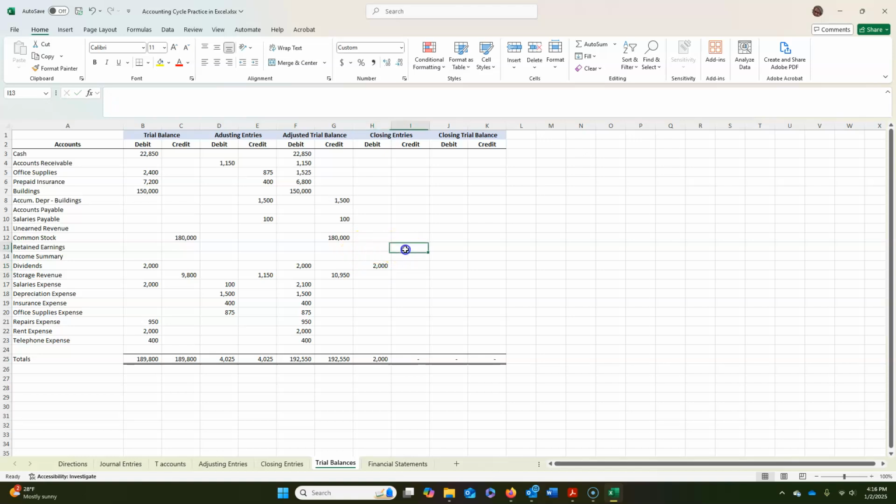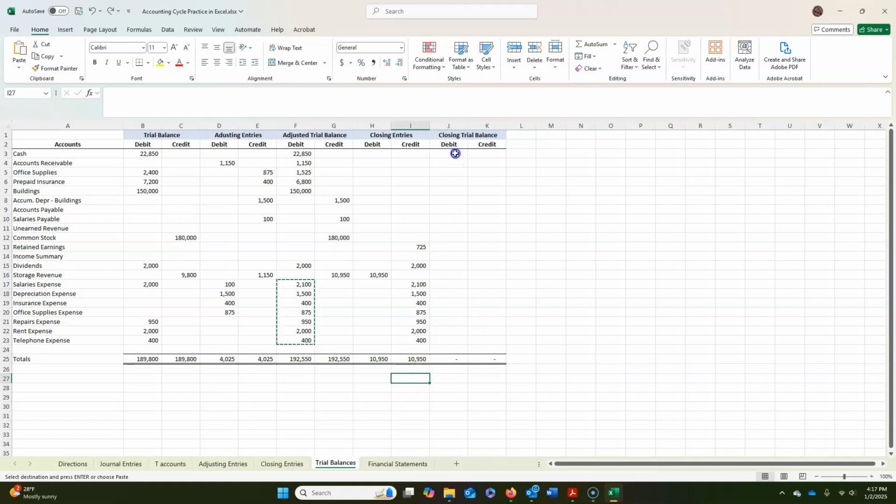We have a credit to retained earnings for $725, and then we debited storage revenue for $10,950, and we credited all of these accounts for the exact amounts that they were. Okay, so we see that our debits equal our credits.